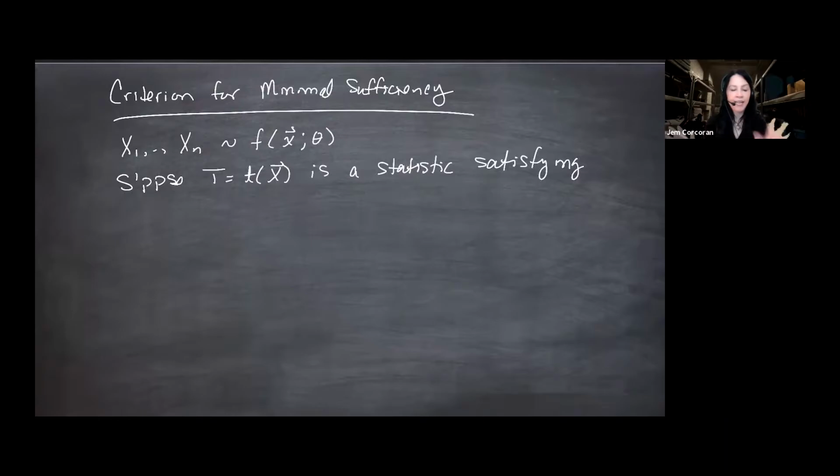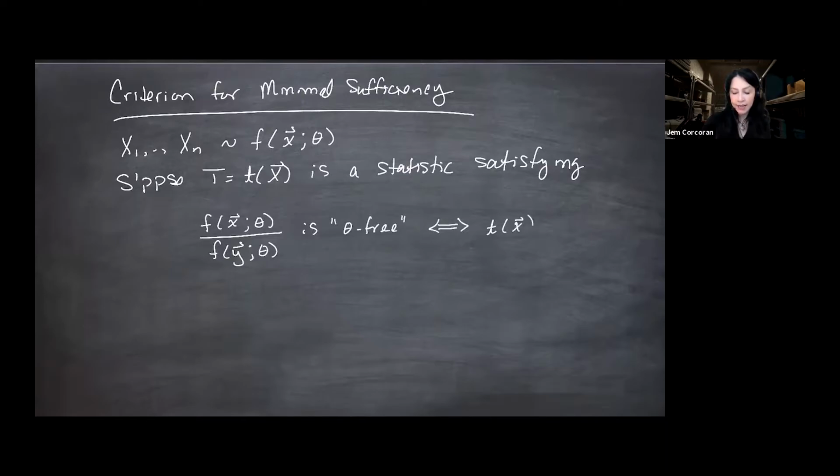If we look at a ratio of the joint PDF with x's plugged in over the PDF with some y's plugged in, this is theta free if and only if t of the vector x equals t of y, then T is a minimal sufficient statistic.